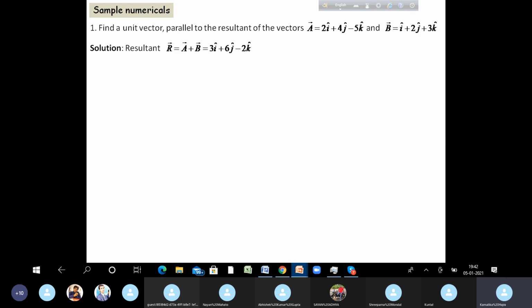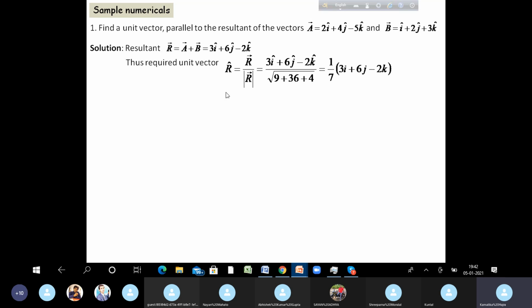The problem asks you to find the unit vector parallel to the resultant of the vectors. So first you find the resultant and then you find the unit vector. Unit vector is nothing but the vector divided by the modulus of the vector. Modulus is the square root of a square plus b square plus c square. So this is the result. Very simple problem.